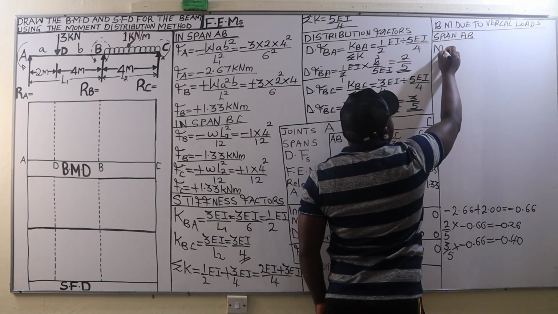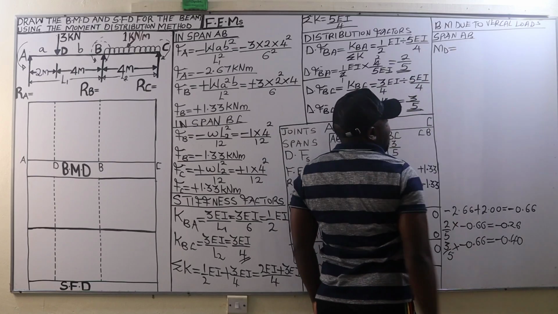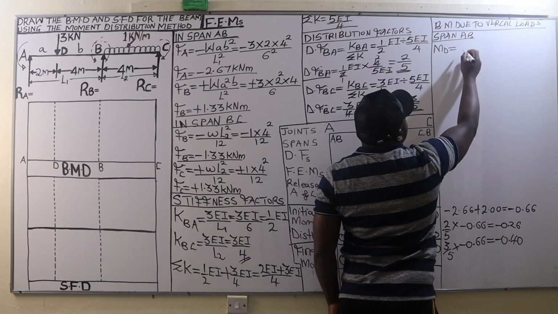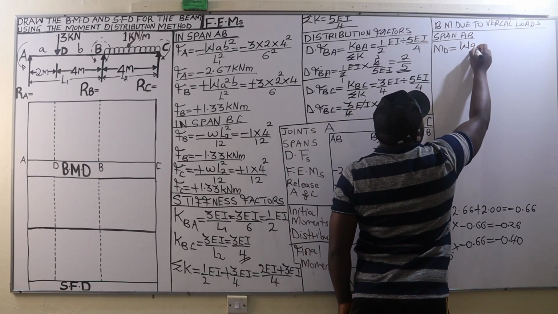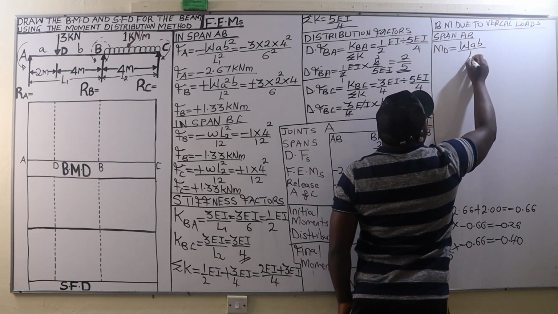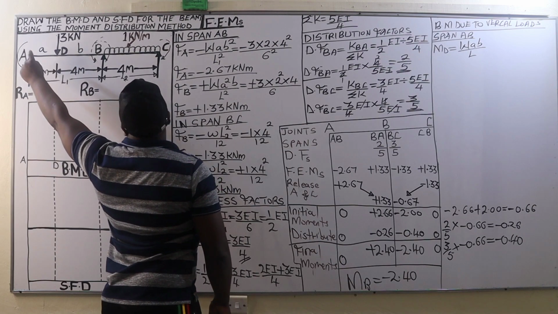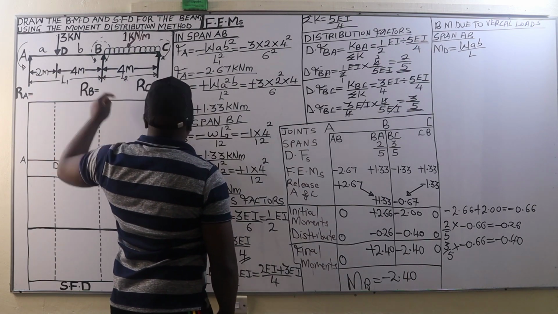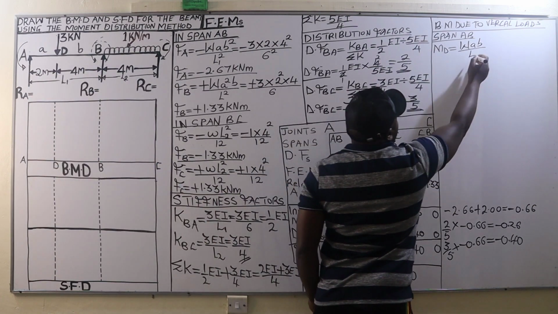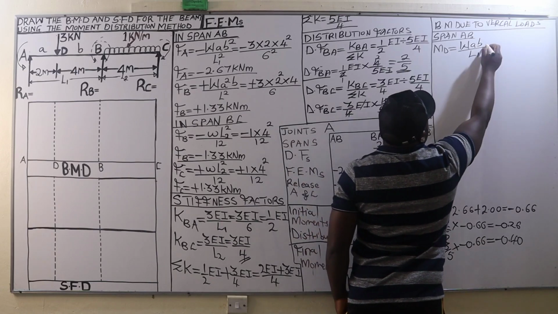The bending moment at D is given by WAB divided by L1.